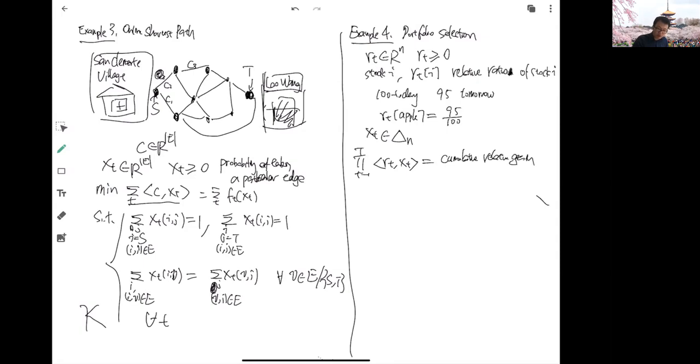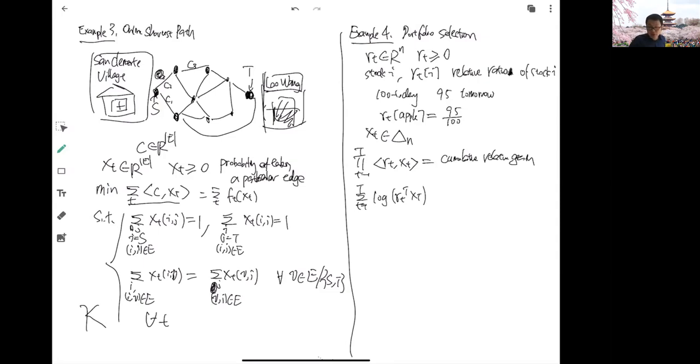This is not a problem that can be studied under online convex optimization, because we've been looking at only loss functions that add up rather than taking the product, right? So maybe let's take the log to put it on a logarithmic scale. In this case, we get the sum over T from 1 to T of the log of each individual day, RT transpose XT.